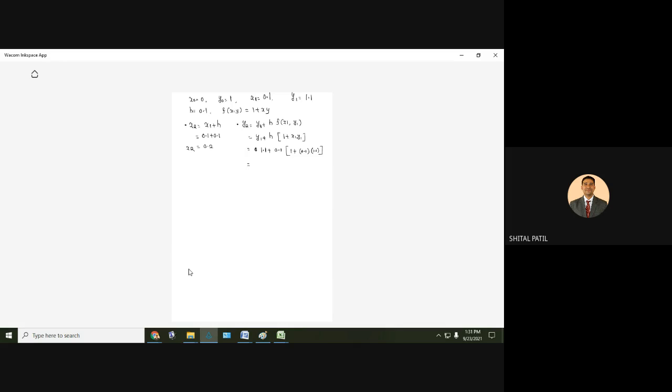Yes, use the calculator and tell me what the value is. So 0.11, 1.11, 0.111, 1.211. Please check this. I don't have a calculator, so please check that. So we have x2 and we have the corresponding value of y.